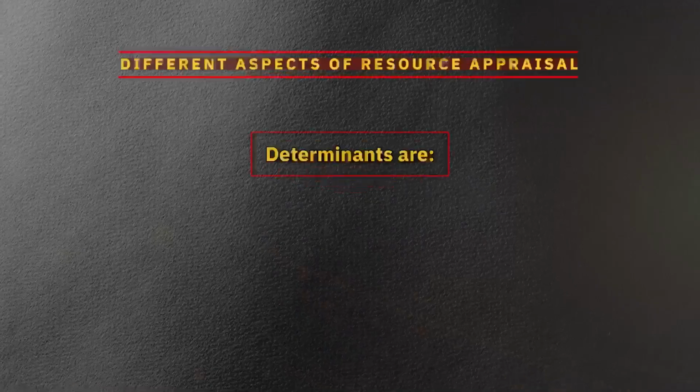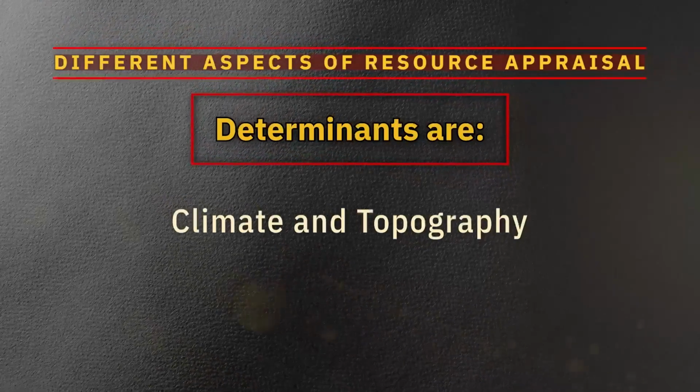So the quality varies because of the geological formations, that is, how long it was buried under the earth to be transformed into coal. Climate and topography, that is very important.